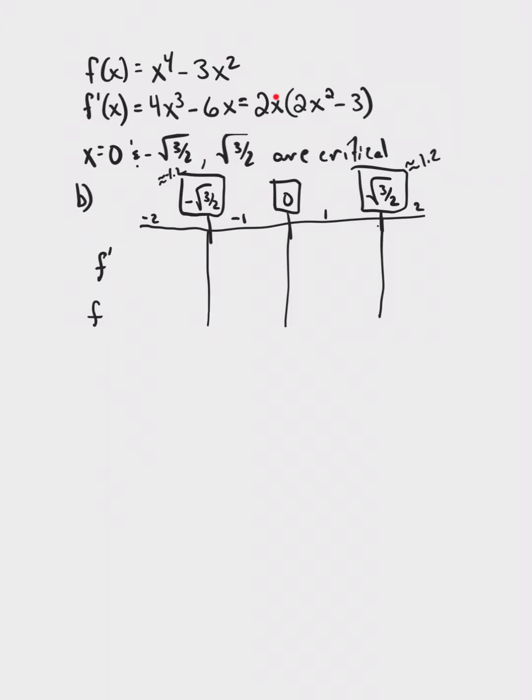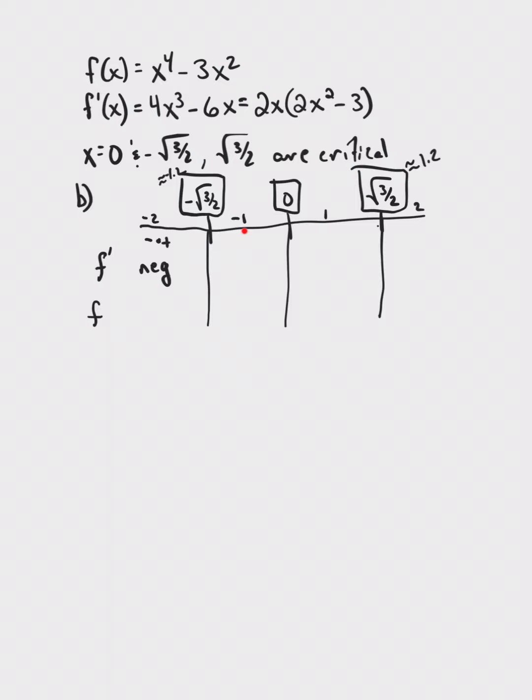Well, if I plug in negative 2 right here, that's going to be a negative. And then if I plug negative 2 into this, that's going to be 4, 8 minus 3. That's positive. So I have a negative times a positive. That gives me a negative. All right. So I'll say negative like I've been doing. All right.